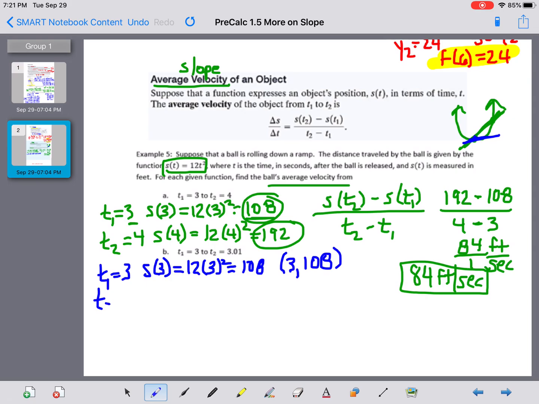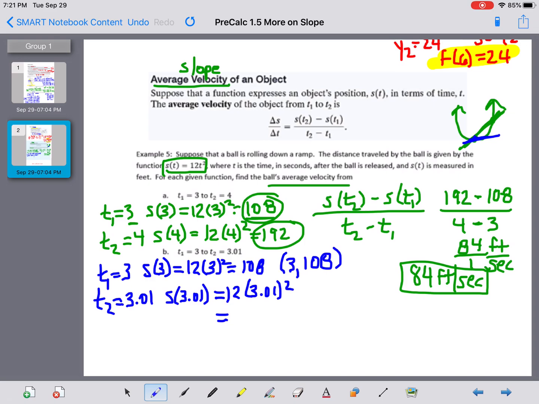So now my T of 2 is 3.01, okay? I'm going to suggest get that calculator out. We're going to leave our numbers in our calculator, and we're going to leave a long decimal because it will actually help us with a better, more accurate answer here. Okay, so S of 3.01. We have 12 times 3.01 squared. So go ahead on your calculator, 3.01 squared. Leave that decimal in there, hit times 12.